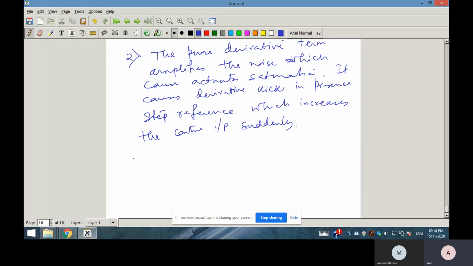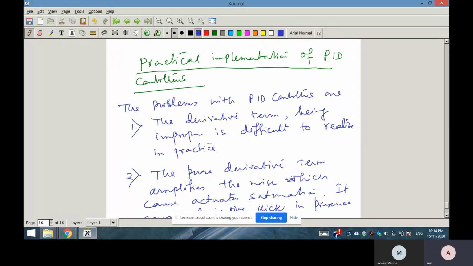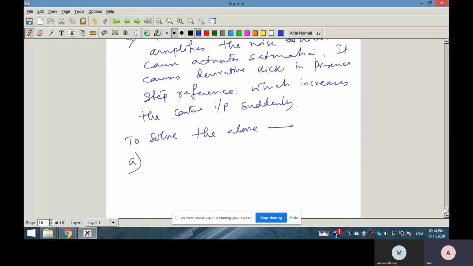So how to solve the above? What to do? First, for the problem of implementing the derivative term, we will approximate s by s divided by tau d s plus 1, making it proper, with tau d much less than td.